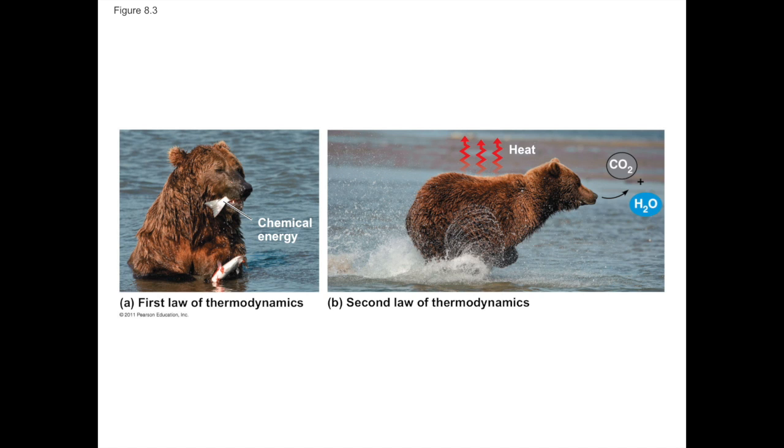So here we can see a bear eating a salmon, and the first law of thermodynamics states that we can transfer or transform energy. So the bear eats the salmon. The salmon spent a lot of time eating and turning chemical energy of things that were out in the ocean into salmon biomass, storing up that energy in the form of complex chemical bonds to make fish protein and all those other fish biological molecules.